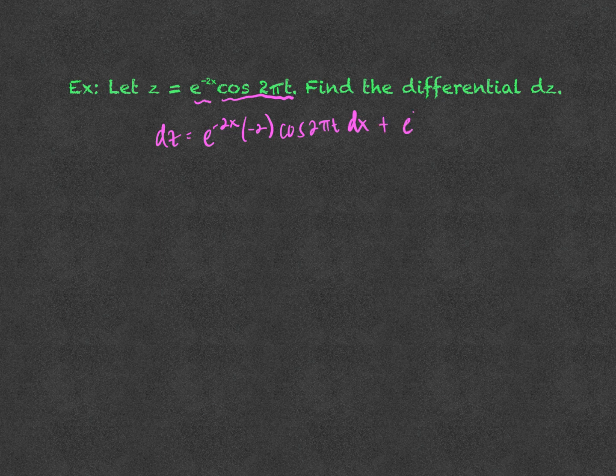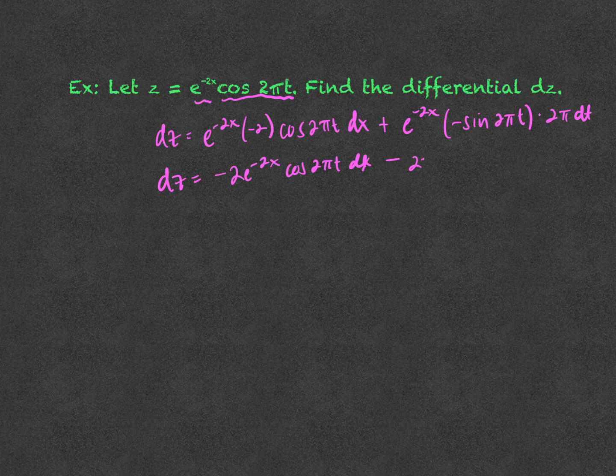Plus, we keep e to the minus 2x, and the derivative of cosine of something is negative sine of that, and the derivative of that is 2 pi, and then we have dt. So dz equals negative 2 e to the minus 2x cosine of 2 pi t dx minus 2 pi e to the minus 2x sine 2 pi t dt.